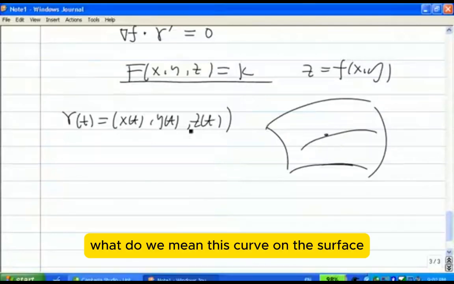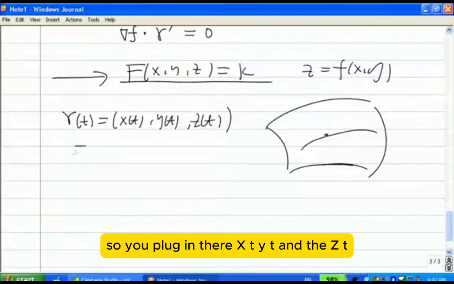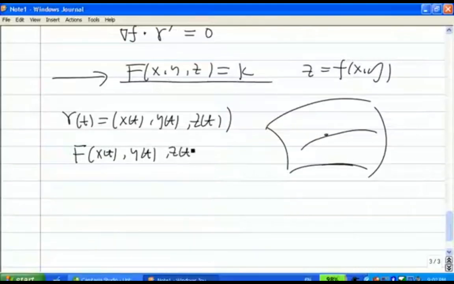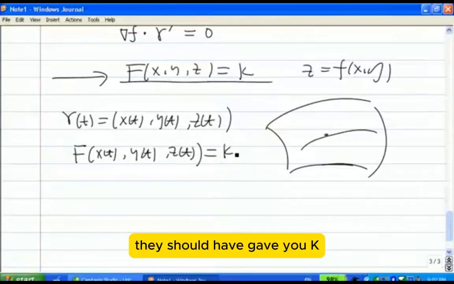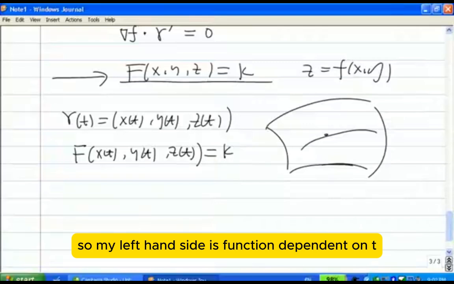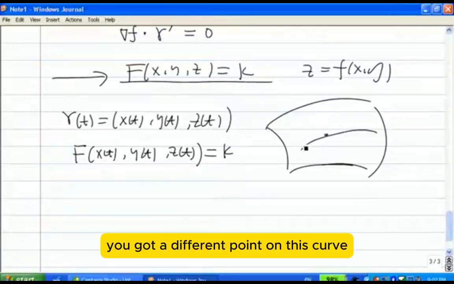What do we mean by this curve on the surface? That means they will satisfy this equation. So you plug in there x(t), y(t), and z(t). They should give you k.